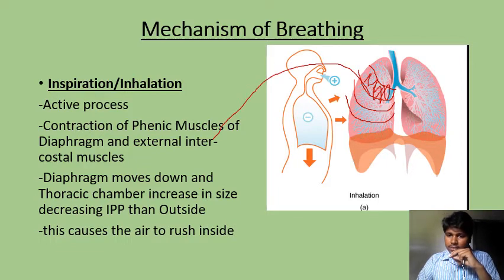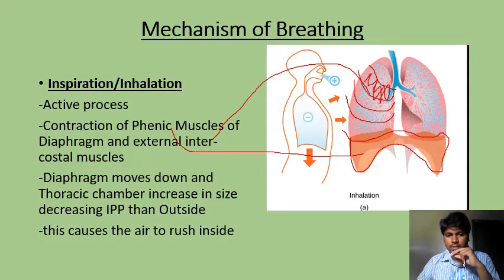Just below the lungs you are able to see a muscular part which is called diaphragm. This diaphragm is made of phrenic muscle, and between the ribs we find the intercostal muscles. These two muscles are very important and most involved in the breathing mechanism.